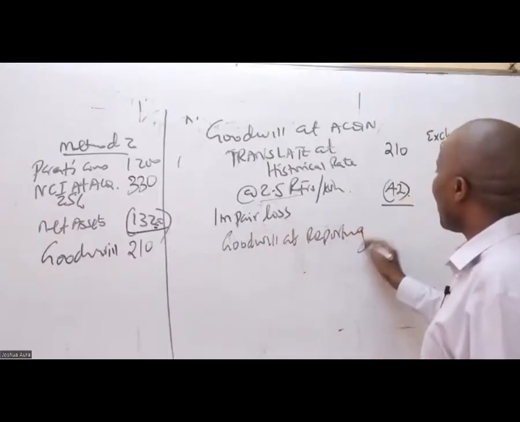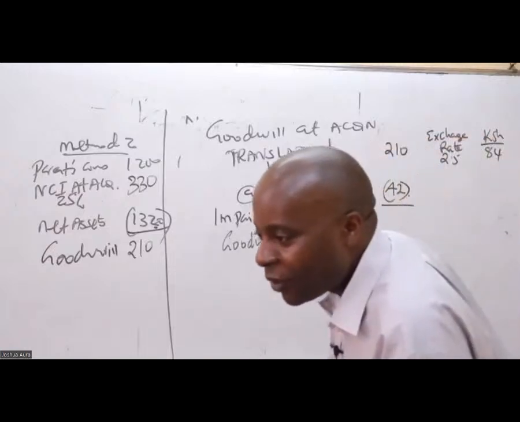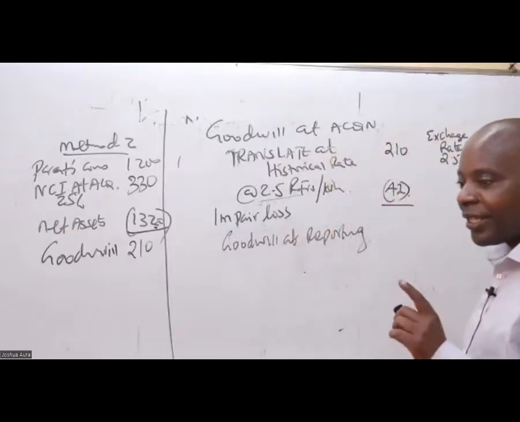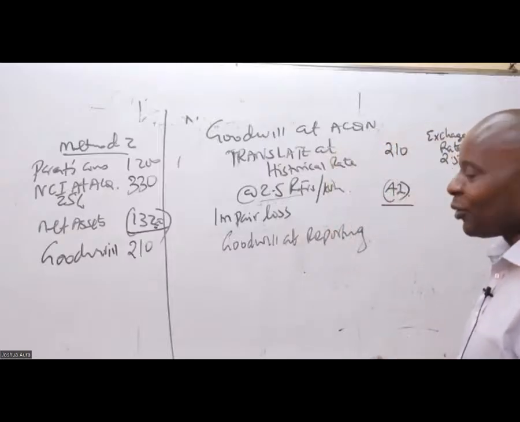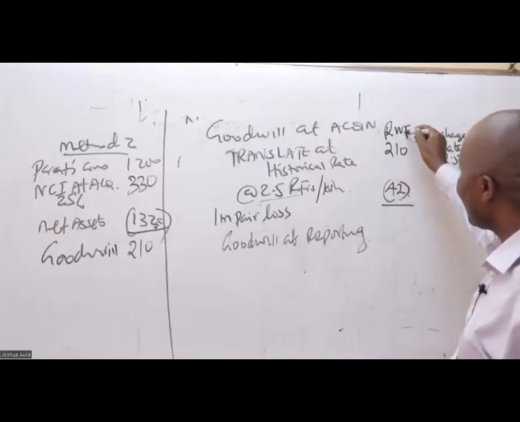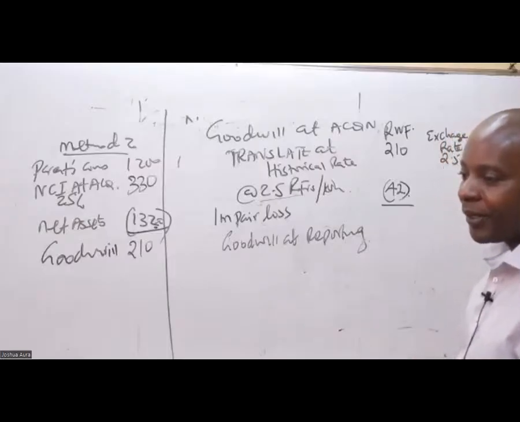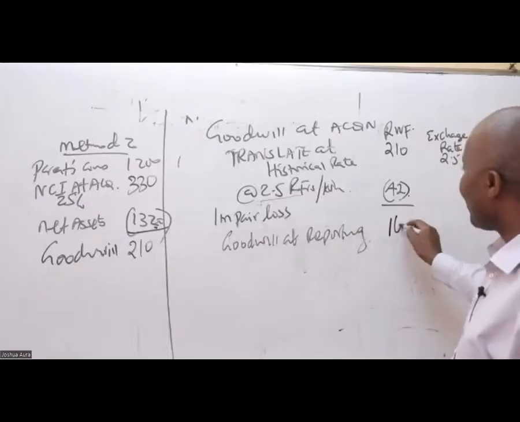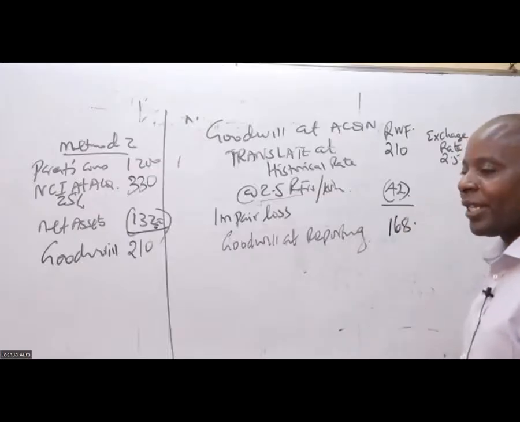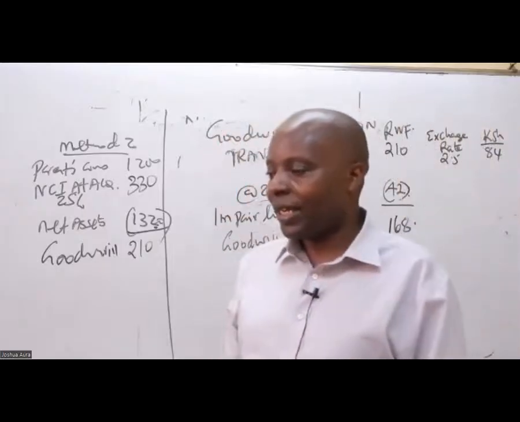Remember this 42 is in Rwandese francs. So 210 minus 42 comes to 168.